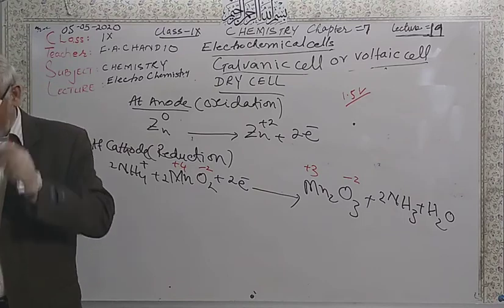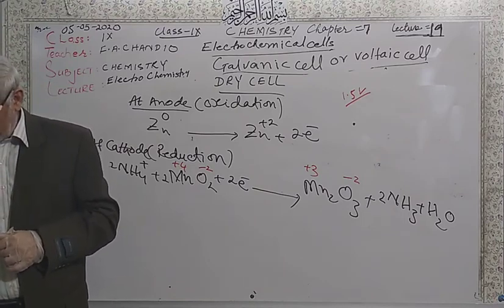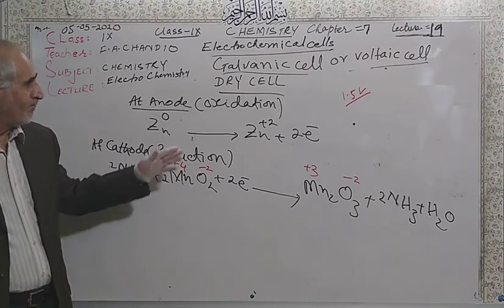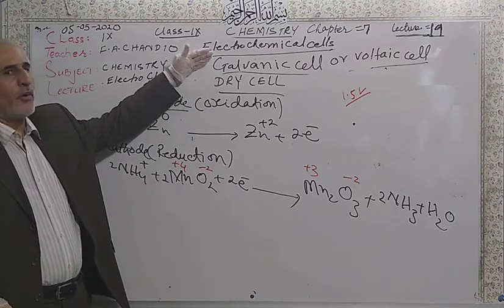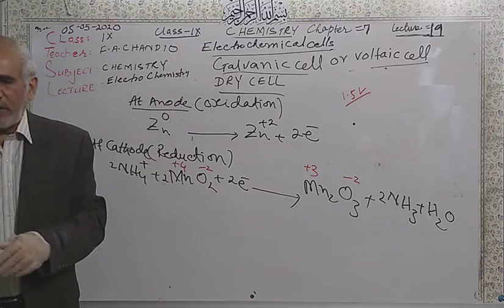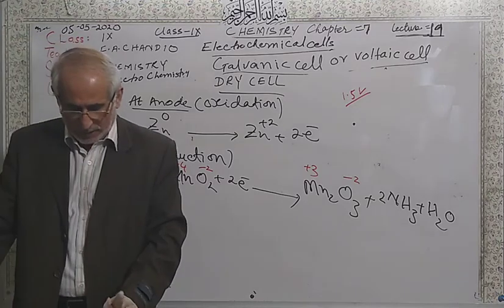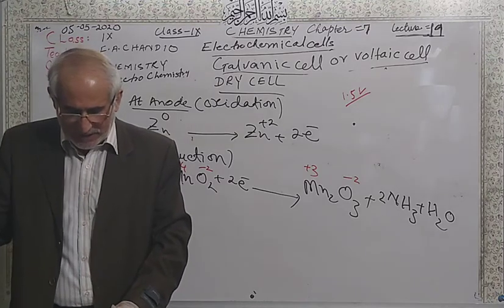So this is the dry cell, and I told you this is an example of a galvanic cell. The construction is given in your book, page number 172, dry cell.